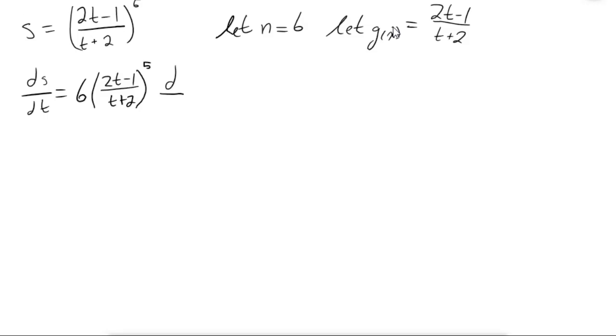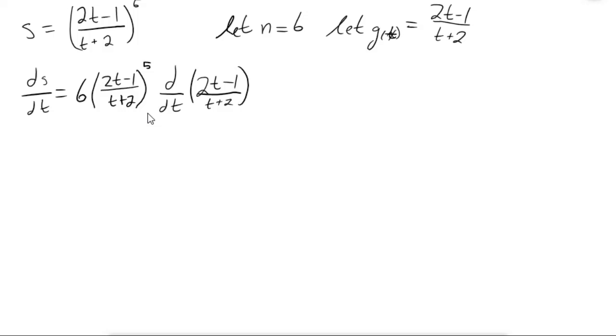Sorry, this should be g of t, not g of x, because our variable is t in this case. So the derivative with respect to t of our g, 2t minus 1 over t plus 2. Sorry, I got a little excited there when I wrote it. So we have the first part of our answer, no problem.